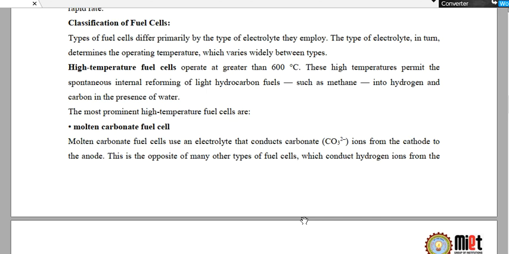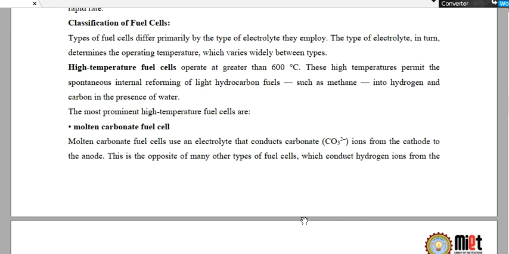So the differentiation of fuel cells can be on two bases. First is on the basis of electrolyte, and second is on the basis of temperature.